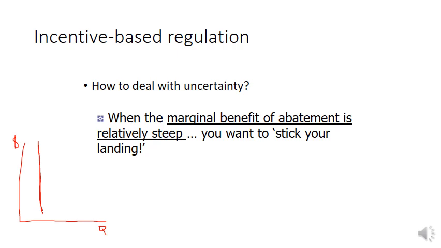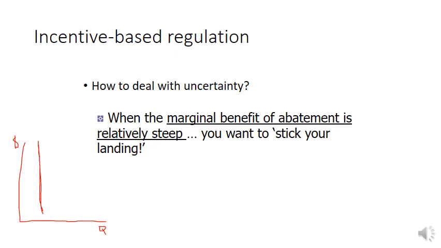When that's the case, it's really important that we get the regulation right, that we get either the tax or the permitting right, because otherwise people just won't abate at all, and we'll have drastic implications for our benefit curve.